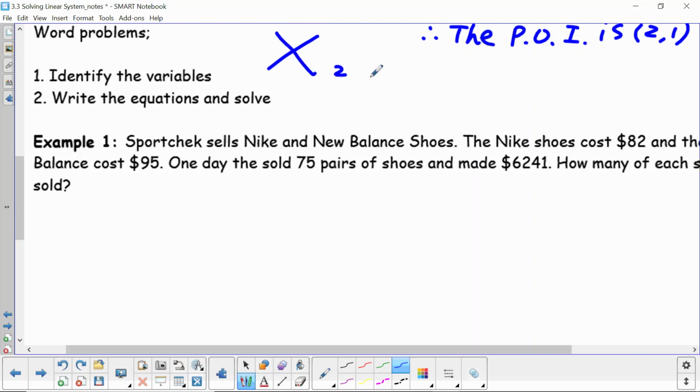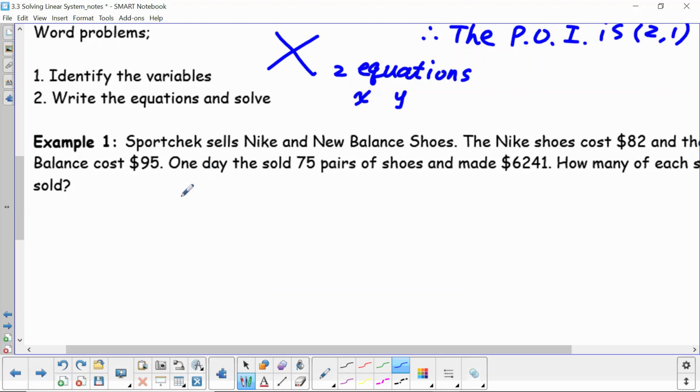We have two equations, so it's different from the quadratic equation. For two equations, we need two variables. For one equation, we need one variable. Some questions you could use one variable to set up the equation, but we want to practice solving a linear system, so we want you to introduce two variables.